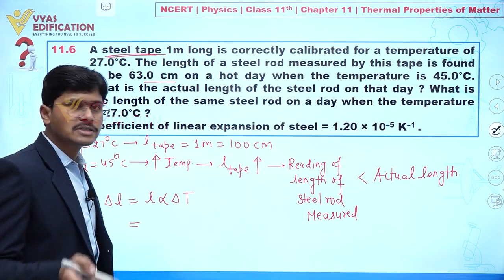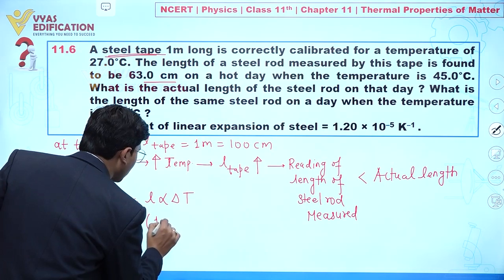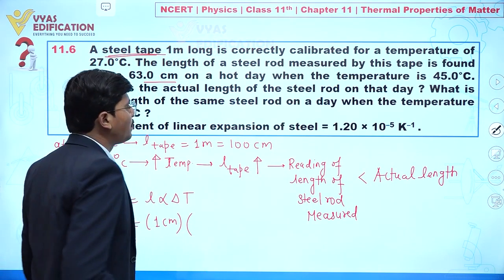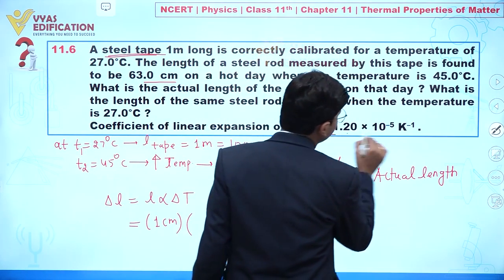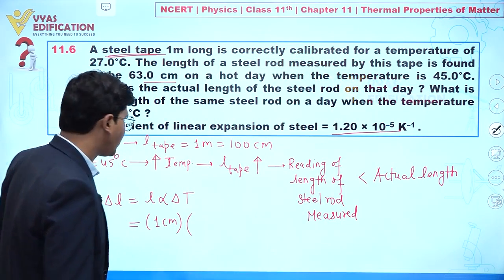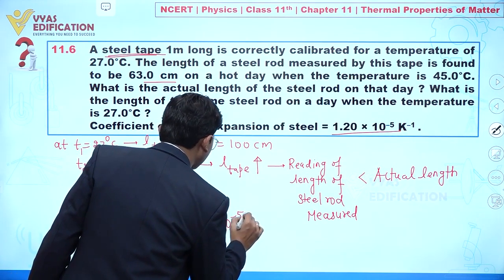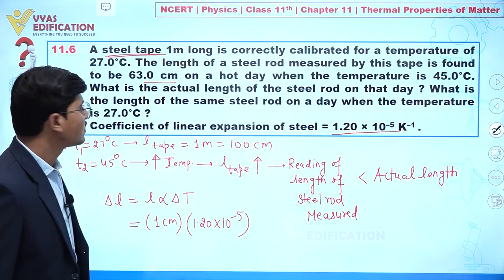So let's suppose I am taking one division of this steel tape, that is 1 centimeter. The alpha value is given in this question as 1.20 into 10 to the power minus 5, and multiplied with delta T.